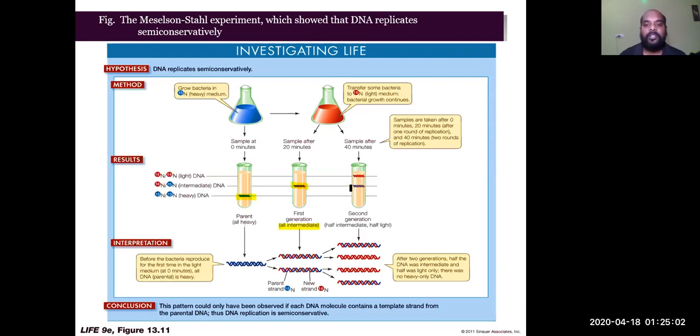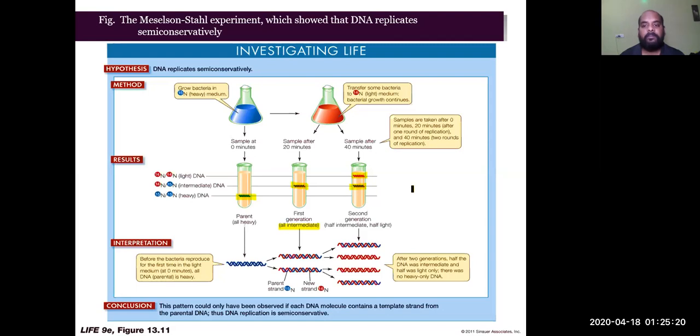In that scenario, we should have got one band, but we got two bands, one at N14 and one at intermediate, N14 and N15. So the second generation reveals that the dispersive mode of replication is also not there.